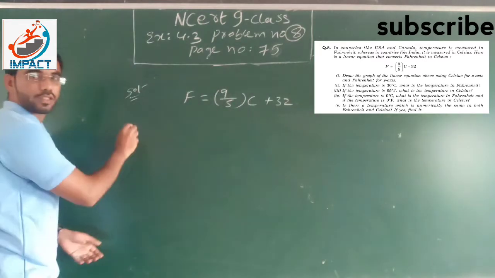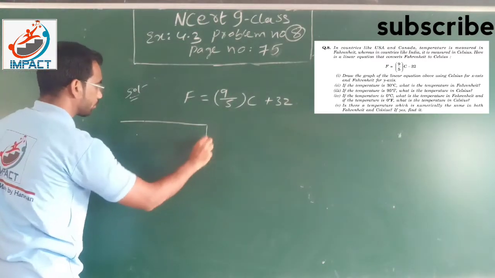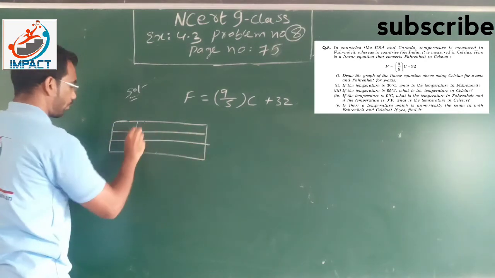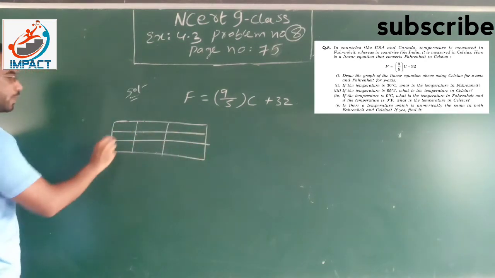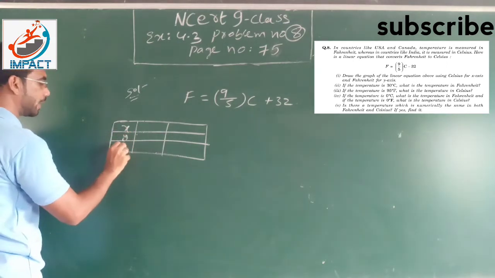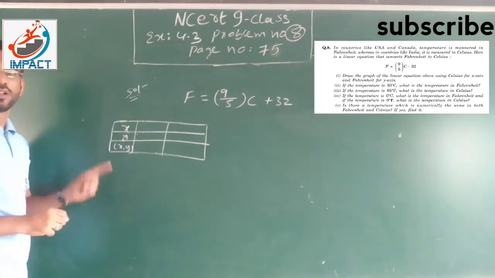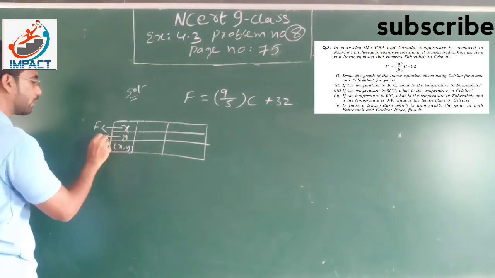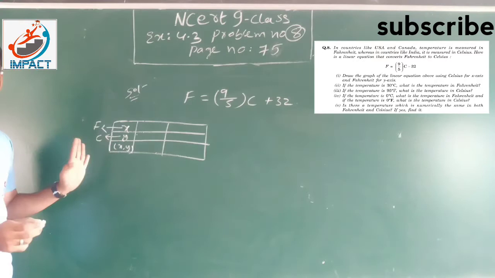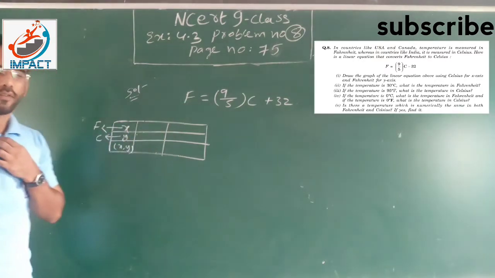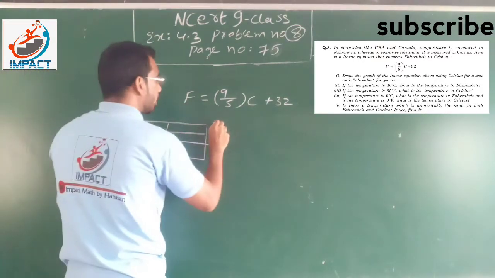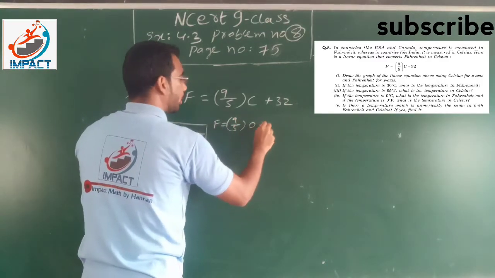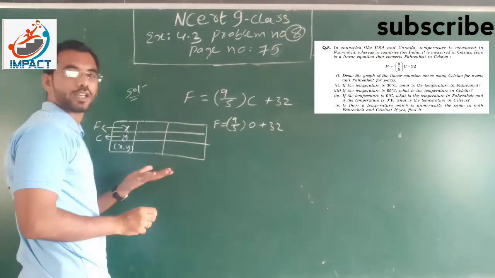I am taking the graph this side. See, it is x, y, then x comma y. First, we will take x as F and y as C, because it is given C and F. So if I put at the place of C, 0, then 0 into anything is 0.